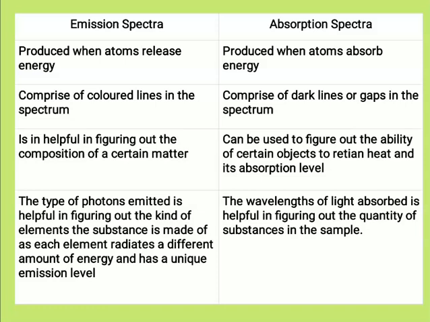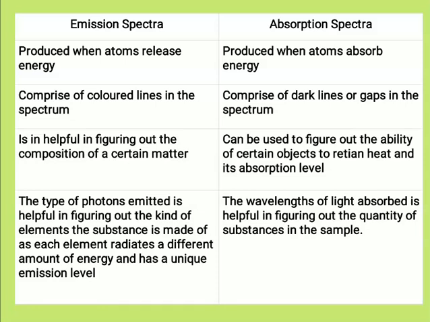Number three, emission spectrum is helpful in figuring out the composition of a certain matter, but absorption spectrum can be used to figure out the ability of certain objects to retain heat and their absorption level.